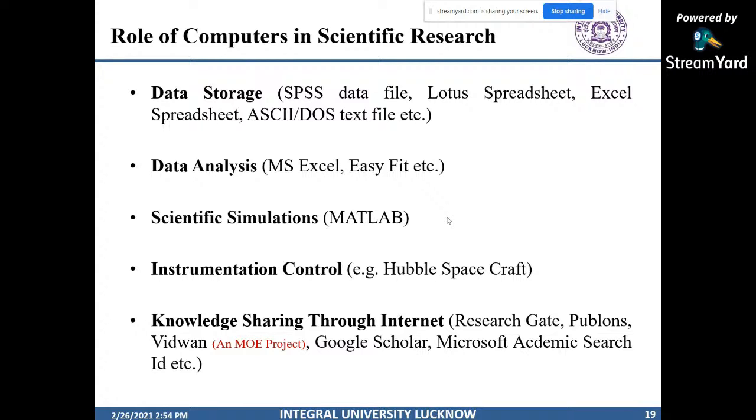By designing an algorithm which will be implemented by your computers, which makes the extremely time consuming job of data analysis a matter of a few minutes or a few seconds.